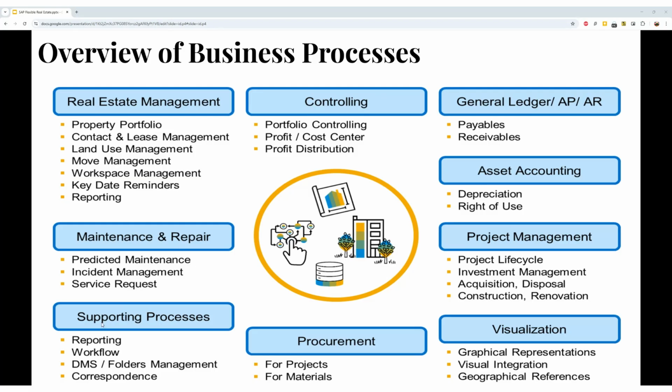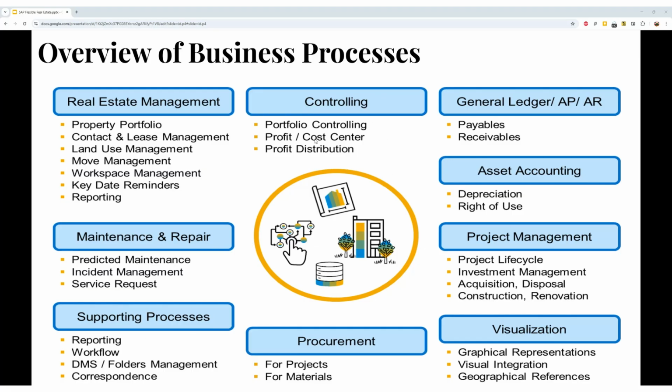So then comes the supporting processes. In supporting processes, the important one is the folder management. So whatever documentation is involved in the contract and lease management, say the physical copy of contracts, the condition of contracts, can be managed via integration with the DMS, document management system. And the controlling part.